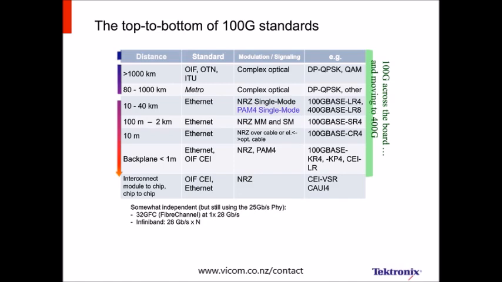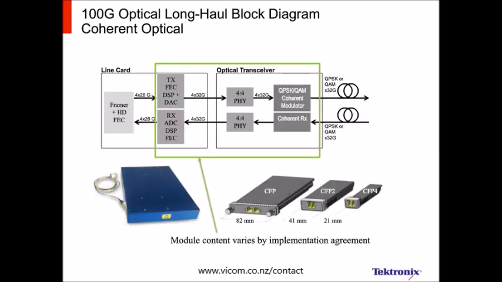So it's interesting to look at some of these modules before we dive into how we test them. Up until fairly recently, this 5x7-inch module was the MSA that was being used for long-haul transport. The 5x7-inch module contained the items shown here in the green box, although at that time the interface was not 4x28, it was a 10-lane each way running closer to 11 gigabaud.